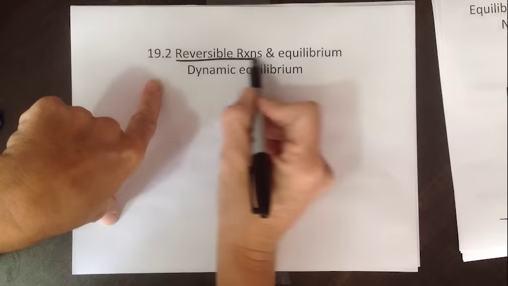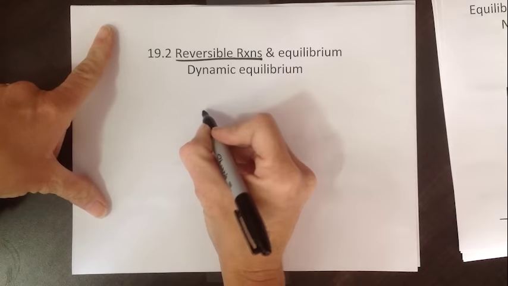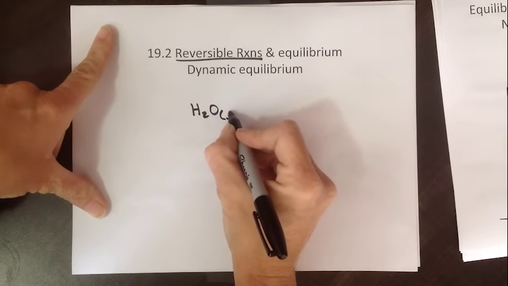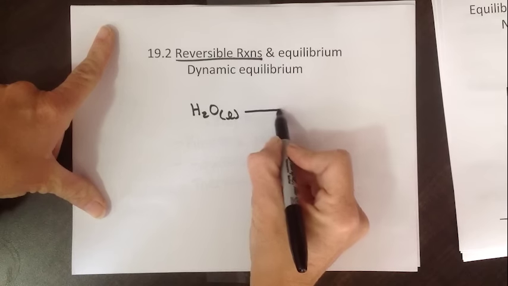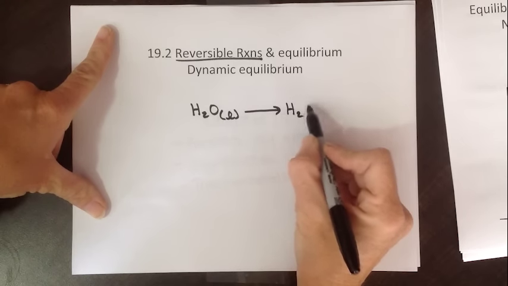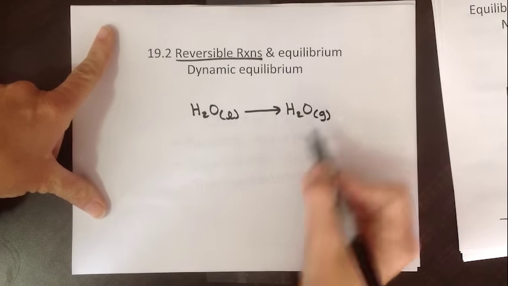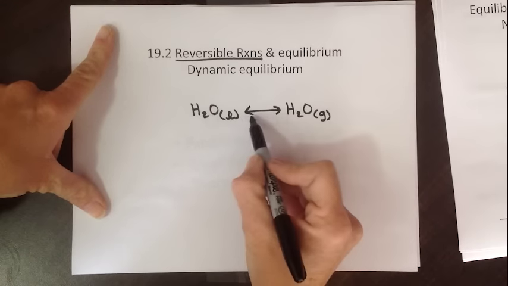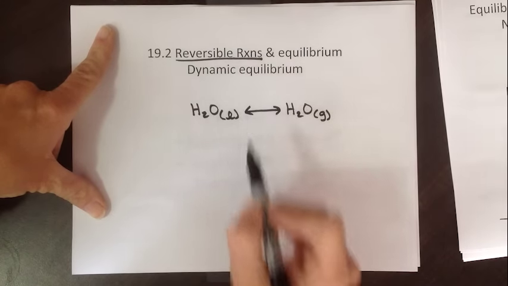So a reversible reaction, which is a lot of reactions, for instance, liquid water turns into gaseous water, but gaseous water also goes back to liquid water. So this double-sided arrow means it's reversible.